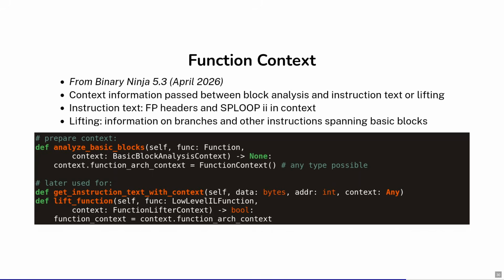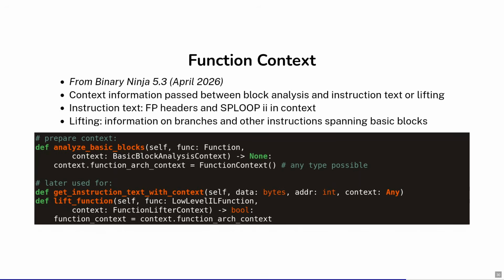And then we can store context information for later use with updated APIs that use this context later. This is helpful for get instruction text and lift function to deal with certain problems we otherwise would have because we are missing information in these later parts.